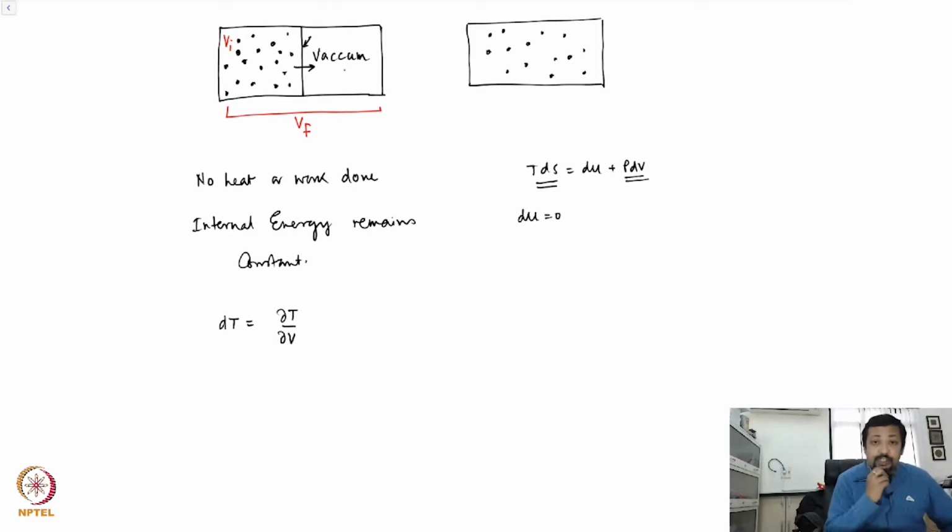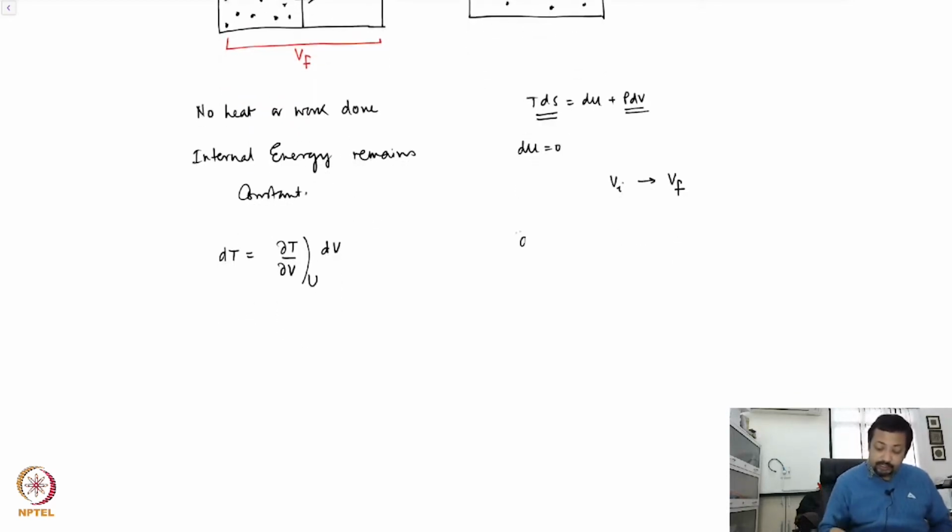The volume is being changed because the gas initially occupied a volume Vi, and then it occupies a volume Vf. U is being held constant, N is also being held constant, but we'll suppress that. This (∂T/∂V) at constant U is the quantity which we have to figure out.